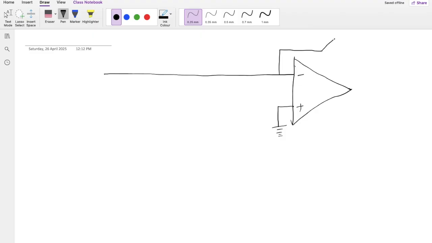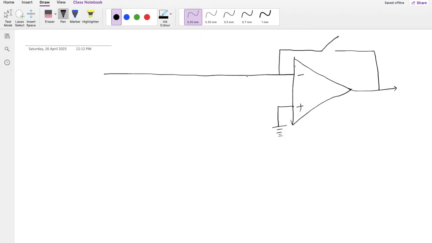In some mode this switch will be on, and in some other mode it will be off. Then let's consider a 5-bit SAR ADC.